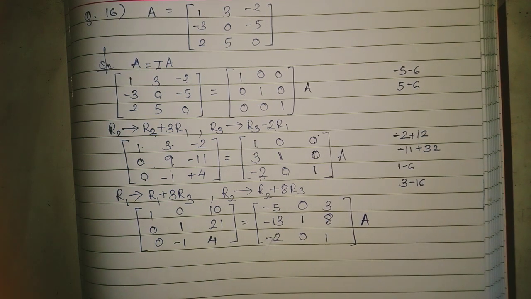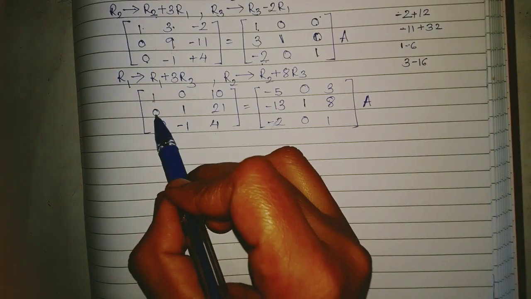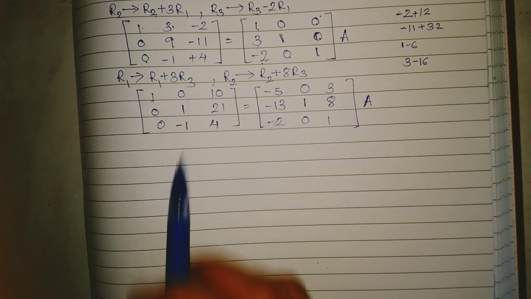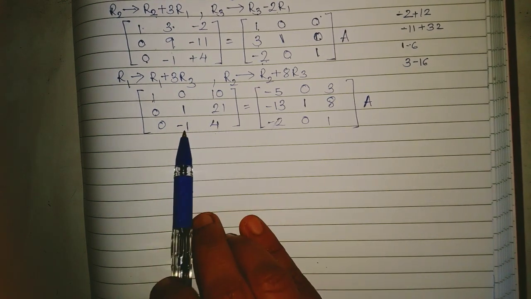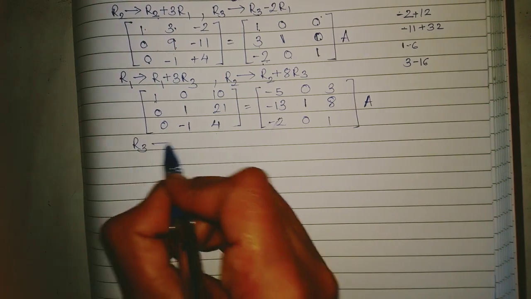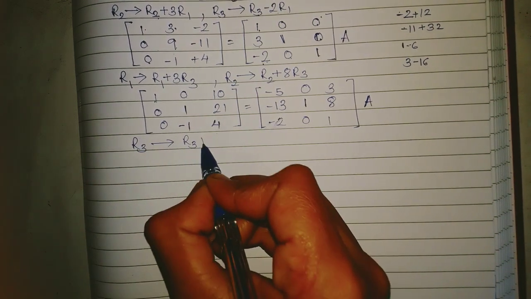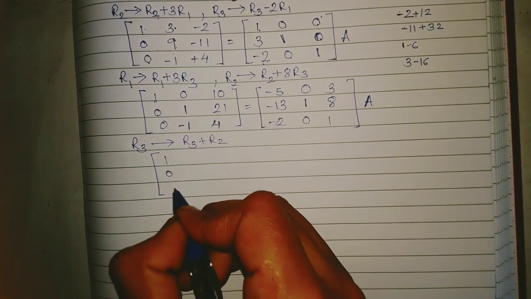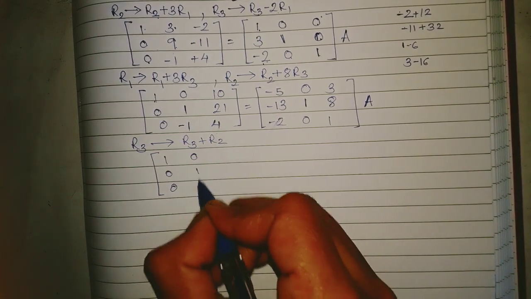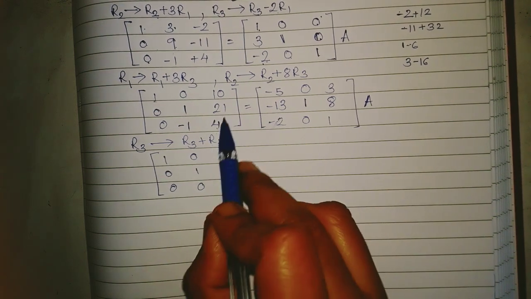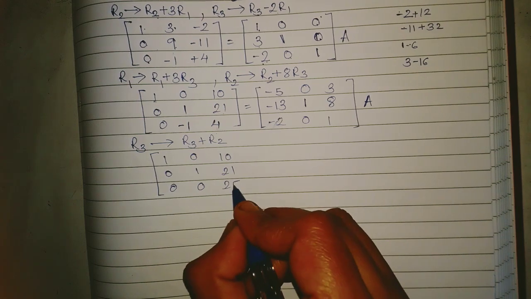Okay, now this is 1 0 0, 0 1 0. Now make this as 0, so you can add this 2. So we are changing R3, so R3 plus R2, right? R3 is 4 plus R2, so 25.